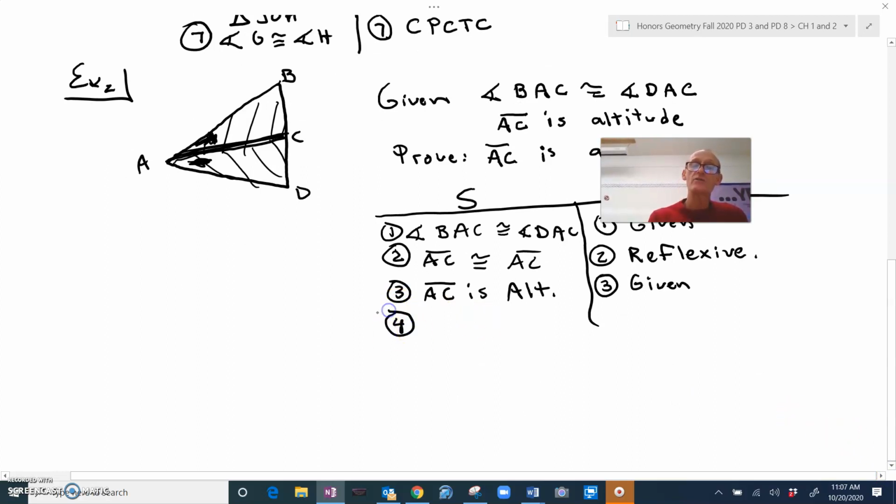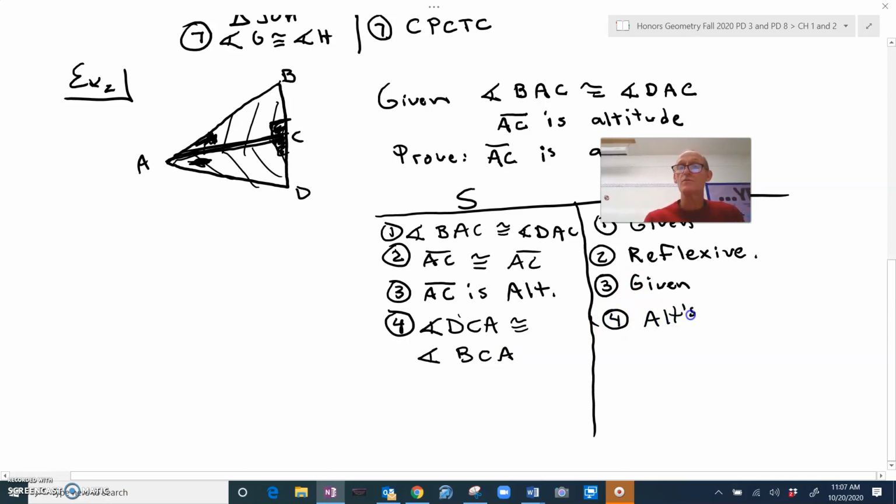And now altitudes create congruent right angles. So that angle is right here and right here. Altitudes create congruent right angles. So angle DCA is congruent to angle BCA. And that is because altitudes create congruent right angles.